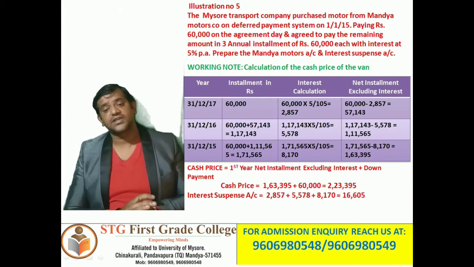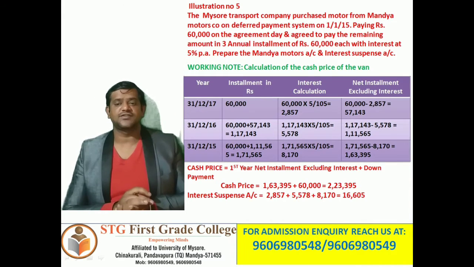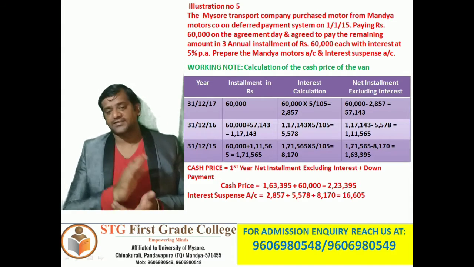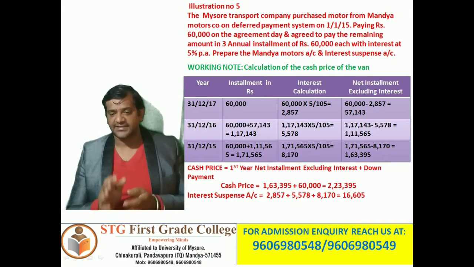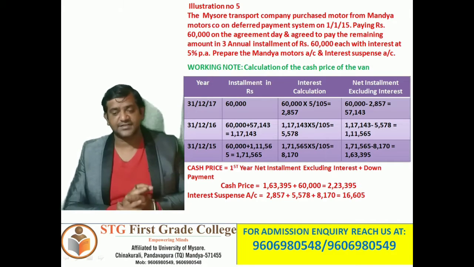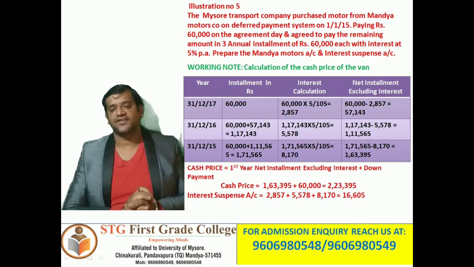Let us calculate the cash price. Cash price equals first year net installment excluding interest plus down payment made. So 1,63,395 plus down payment of 60,000 rupees equals 2,23,395 rupees.